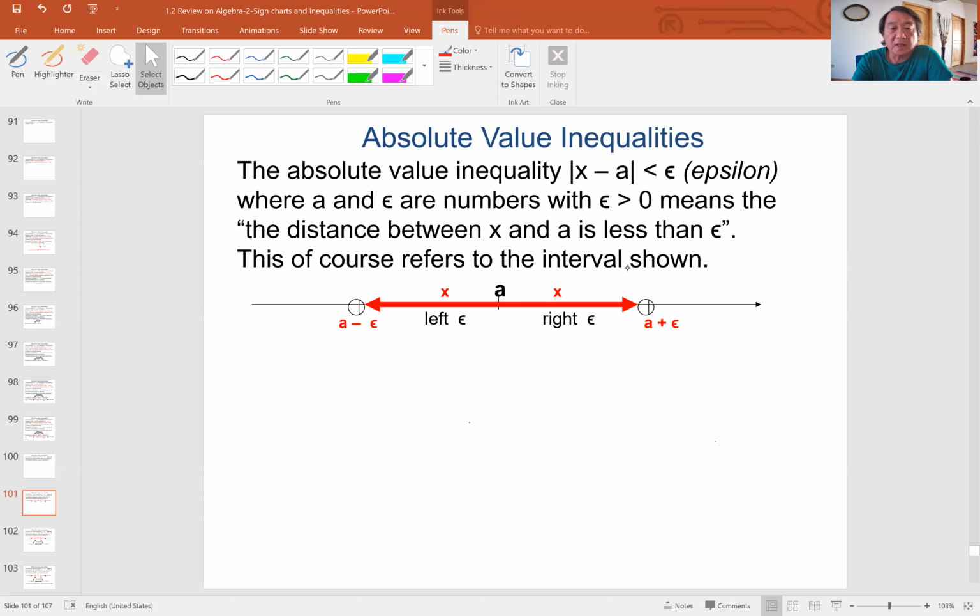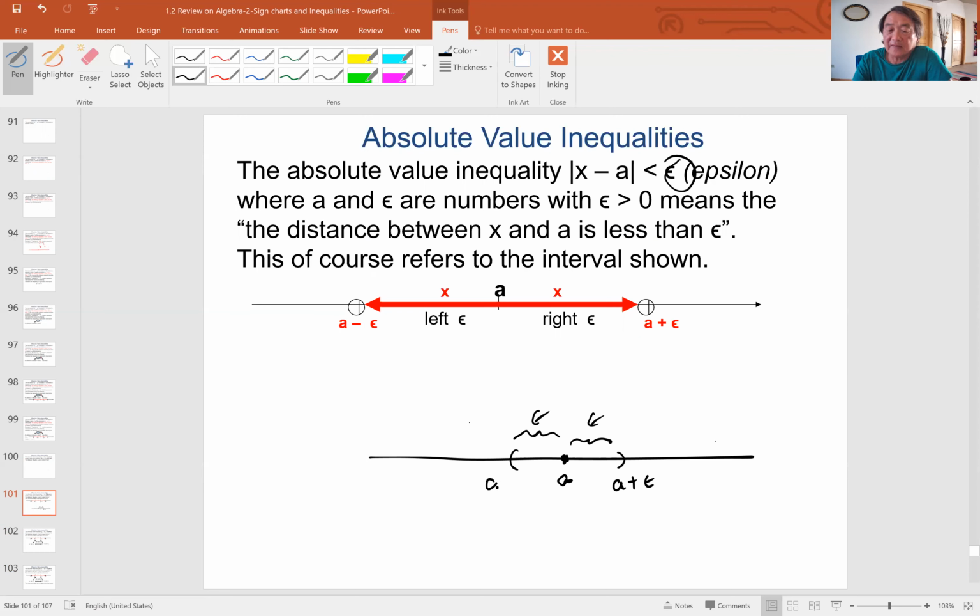So this is just in an abstract setting, and some point A over here, I want to talk about a little neighborhood of radius, some unknown number, and a lot of times we call it epsilon. So this is a plus epsilon, and the other left hand side is a minus epsilon. And this stretch of number, we call this the epsilon neighborhood of A.